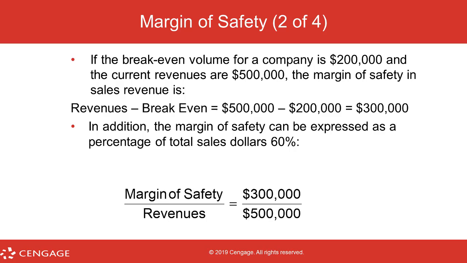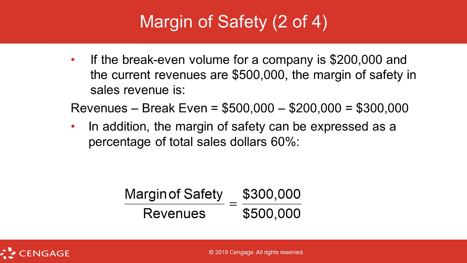Looking at that in terms of sales dollars, we're going to assume that the break-even sales dollar amount for the company is $200,000, but we're currently doing $500,000 in revenue. So same formula as when we're looking at units. We take the revenues of $500,000 minus $200,000, which is our break-even point. So our margin of safety is $300,000.